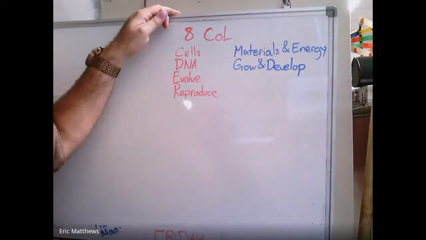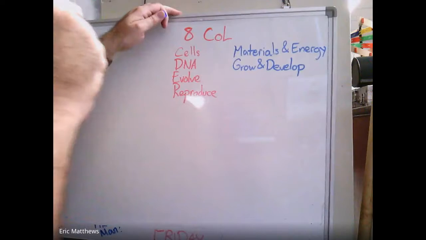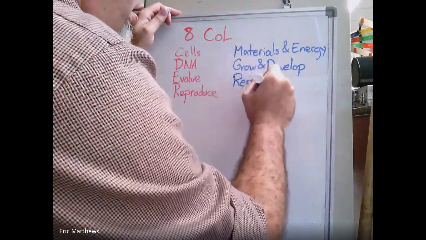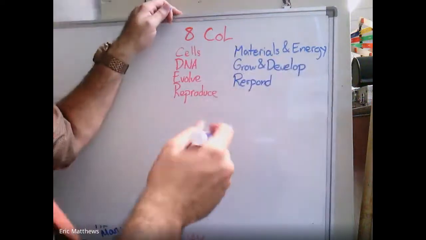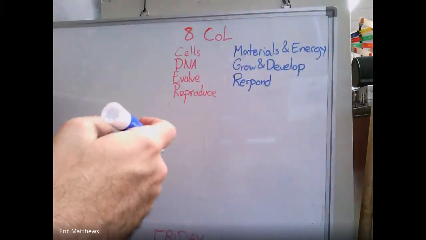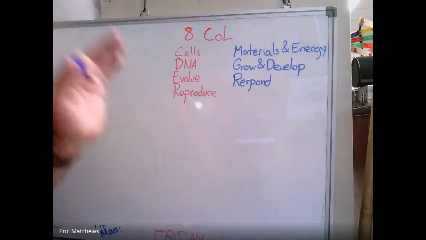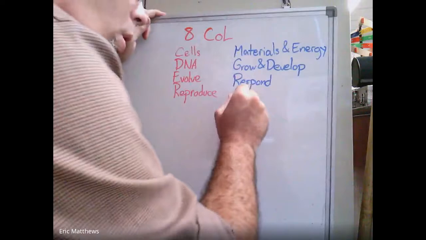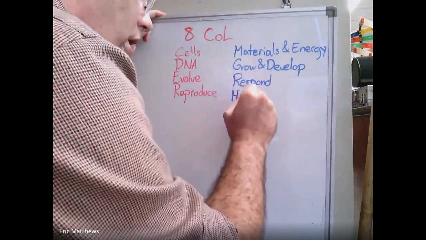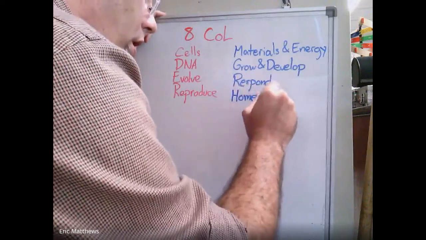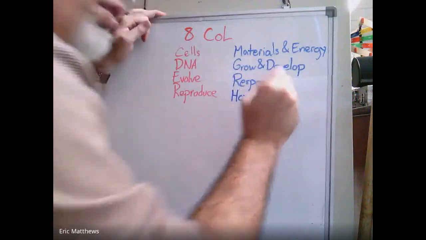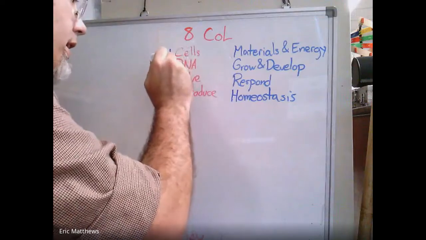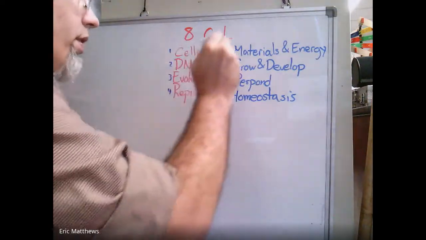All living things must respond to their environment, to something that can happen. And finally, the last one, we could say all living things must maintain a balanced internal environment, or we can just say homeostasis. All right, here are our 8 characteristics of life.